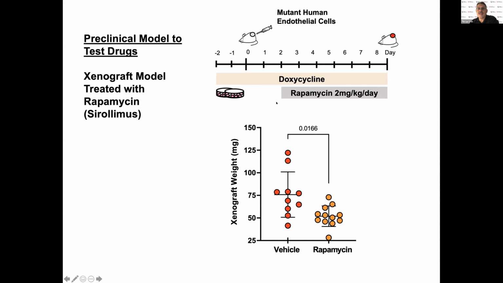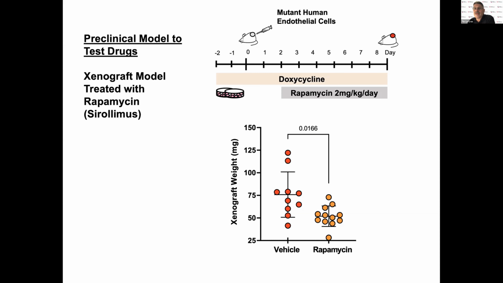And then in this study, we used a drug that's already used to treat patients with this disease. We used rapamycin. The drug is known as sirolimus. And so after the cells were injected, 2 days later, we started injecting the mice with the drug.